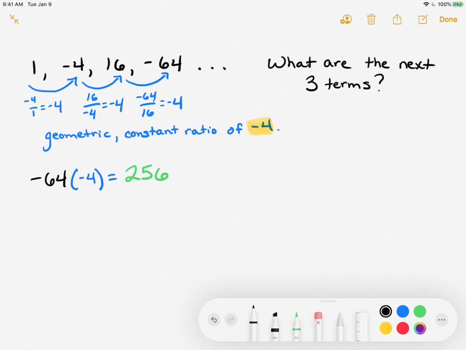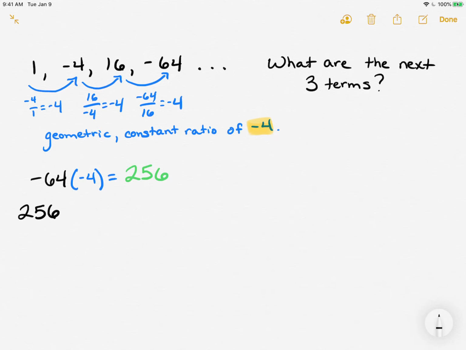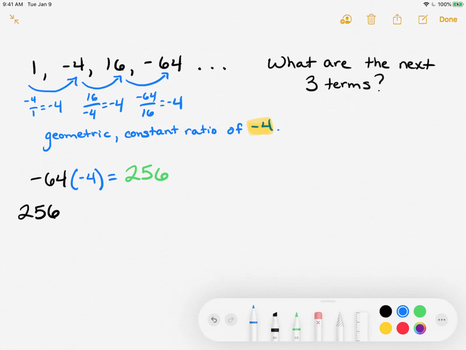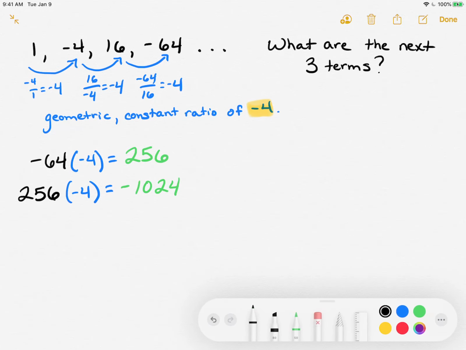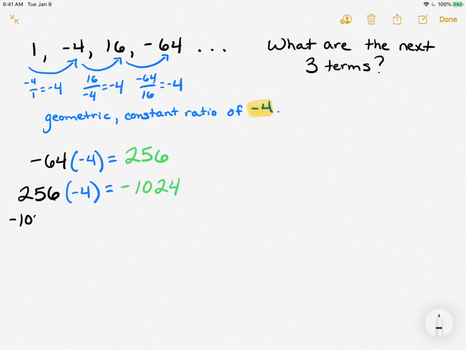Good. Which is going to be negative 1,024. So I take the previous answer, which was 256, and multiply by negative 4. To get the third number, we take that answer, negative 1,024, and multiply by negative 4.